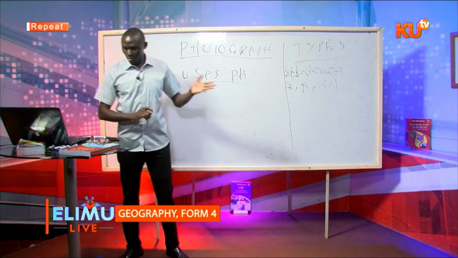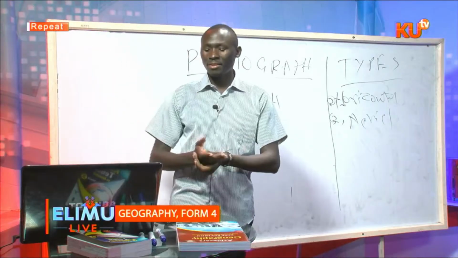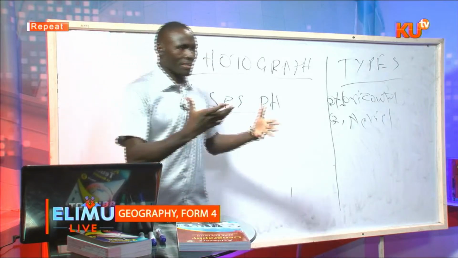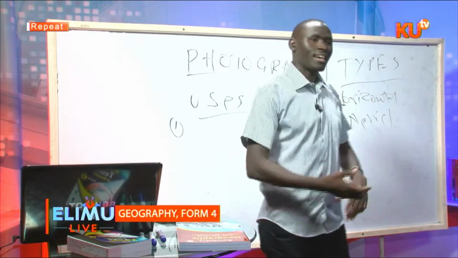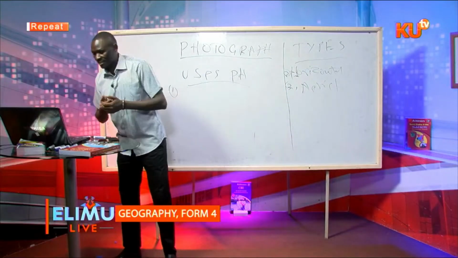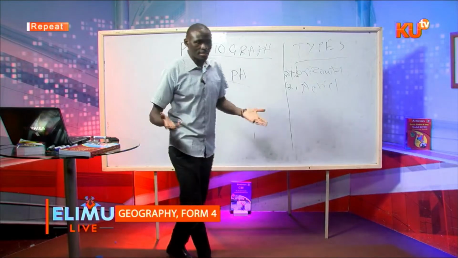Now that you know the uses of photographs, the next segment is the limitations of photographs. Everything has an advantage and a disadvantage. The number one disadvantage is that colored photographs are generally expensive.